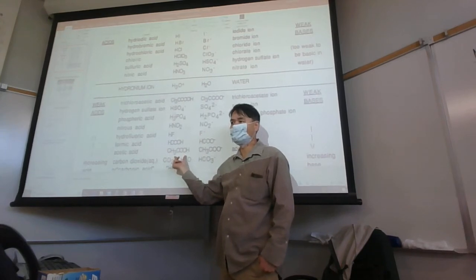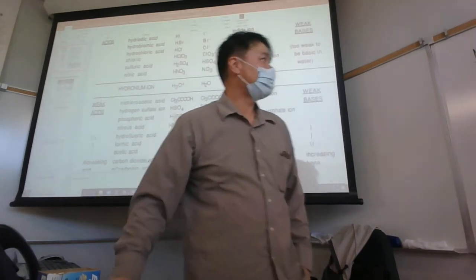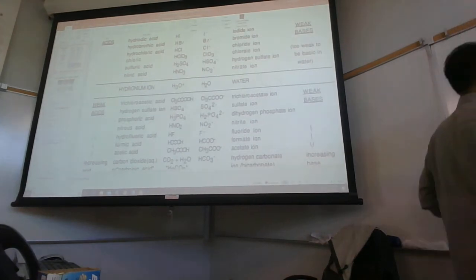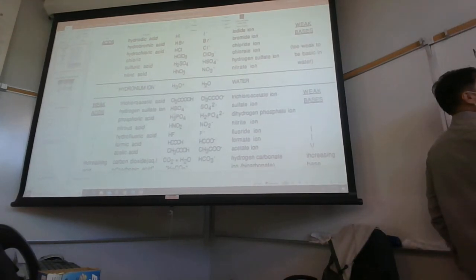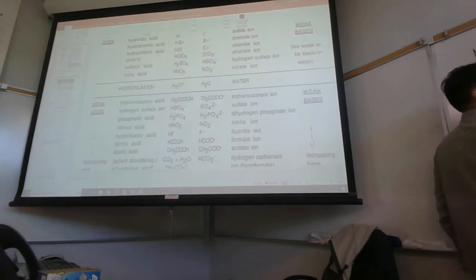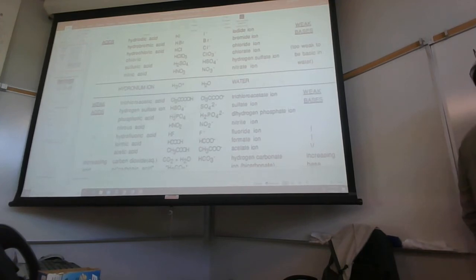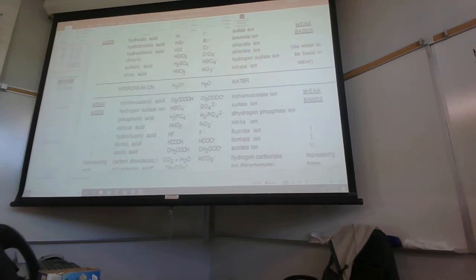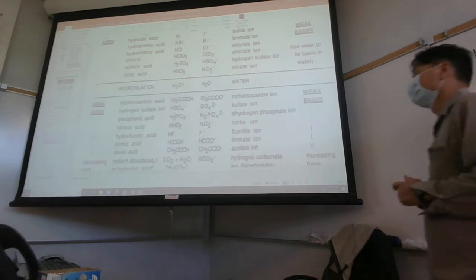Do you see that? And so in metathesis, what are favorable ion combinations? Favorable ion combinations result, one, when we go from a stronger acid, it doesn't have to be a strong acid, just a stronger acid, to a weaker acid. That would be a favorable ion combination.